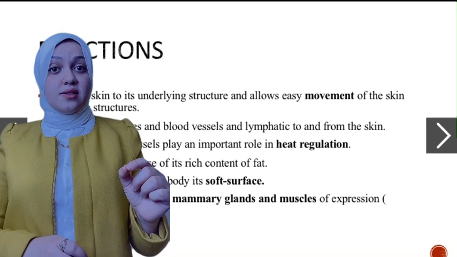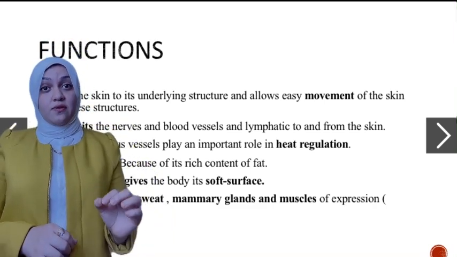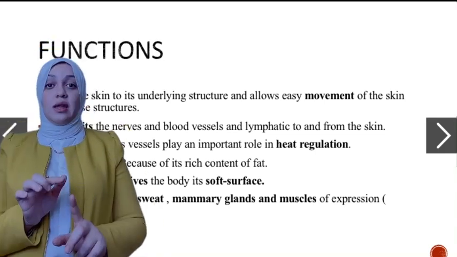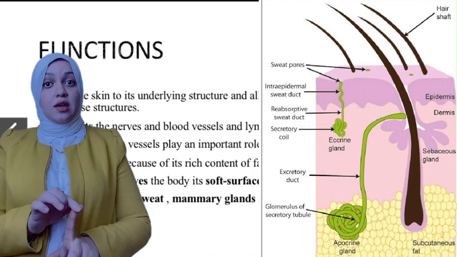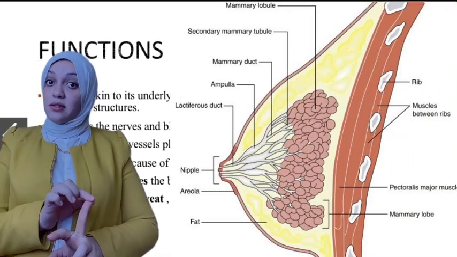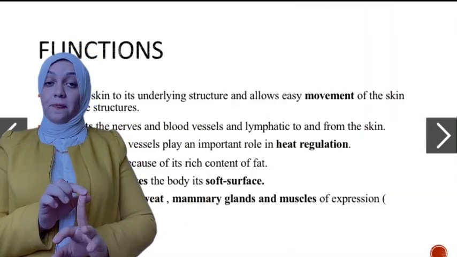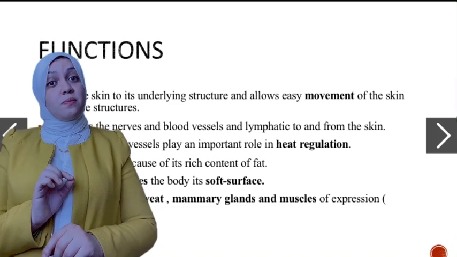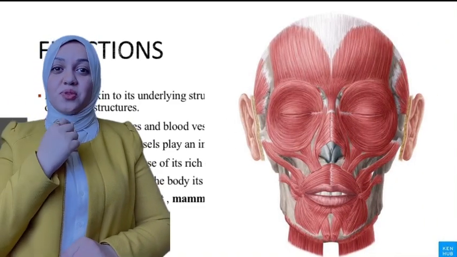So the fat within the superficial fascia can form energy. It also contains glands like sweat glands and the mammary gland that is present within the superficial fascia. And it contains muscles, as for the muscles of facial expression.